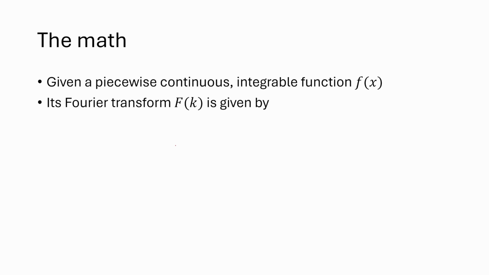The way that you write the calculation for finding the Fourier transform, which is basically the continuum version of a Fourier series, is given by this integral. And this does look pretty similar to the complex Fourier series that I introduced in the previous video.